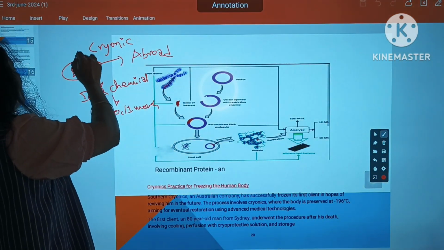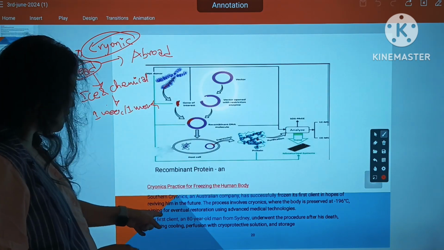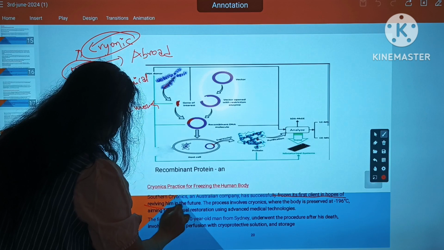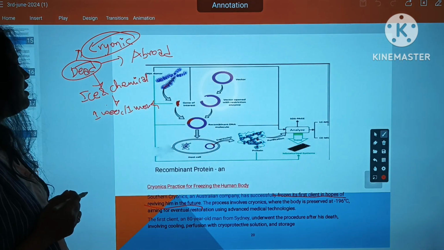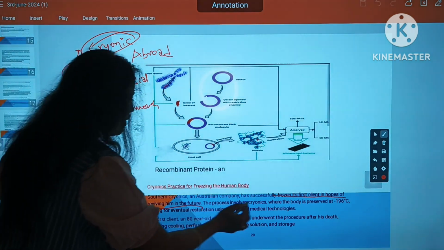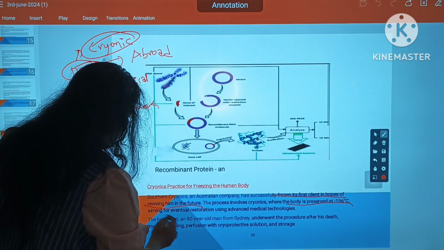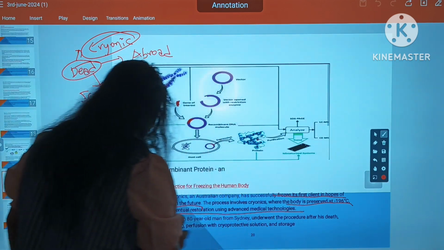So, to solve this issue, cryonics is used to store a frozen client in hopes of reviving him in future. Means, if a client wants to live after death, then cryonics is used. It involves a body preserved at -196 degrees, aiming for eventual restoration using advanced medical technologies.